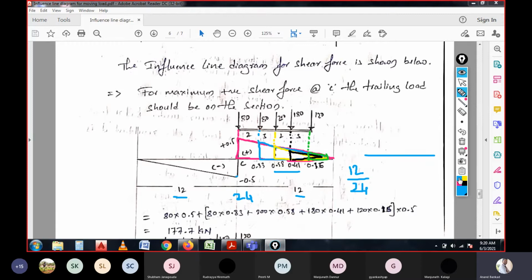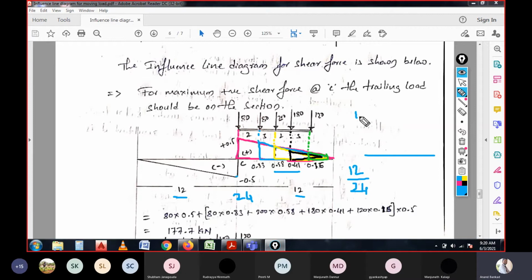So this is the span of 12 meter. For 12 meter we have got 0.5, and again we have the remaining 10 meters span over here. For this, with the blue line, I would like to write it here. For 12 by 24, we have 0.5.